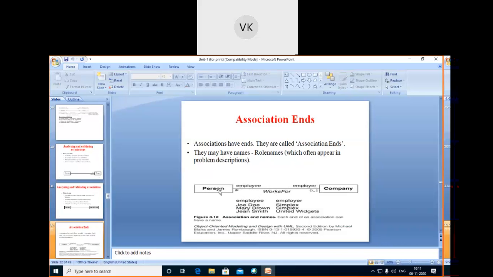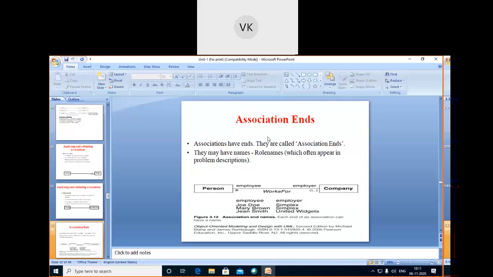Near the person class I have written above the line employee, and near the company class I have written employer. Association ends have names which describe how that class has a relationship with the other class.